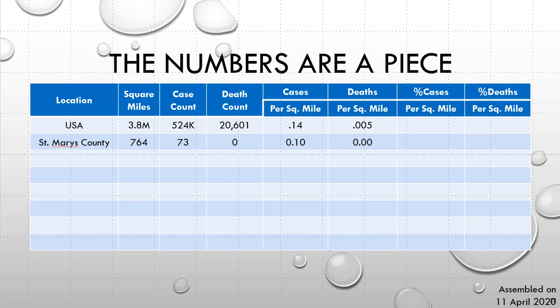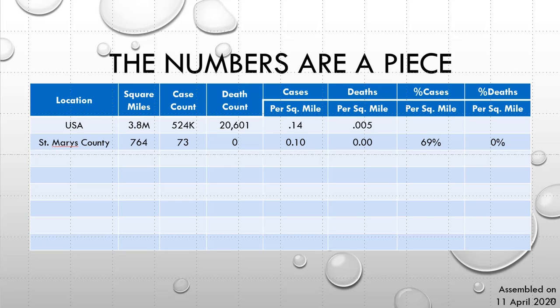And you can see that the cases per square mile at 0.1 and the deaths per square mile, well, at 0, are definitely lower than the U.S. numbers as an average. And if I look at it from a percent perspective, you can see that that's only 69% of the U.S., so lower, and 0, obviously lower.